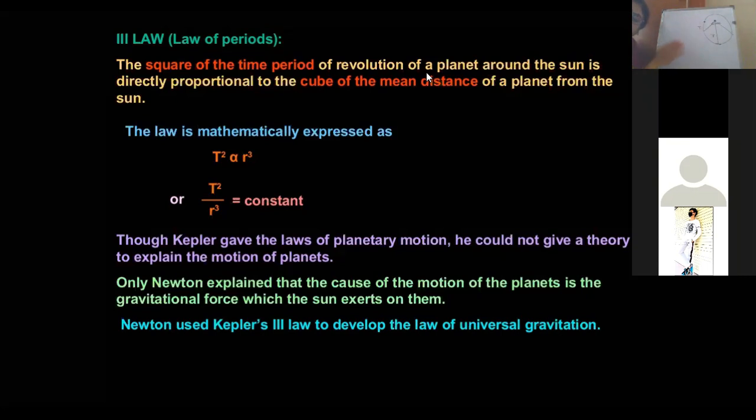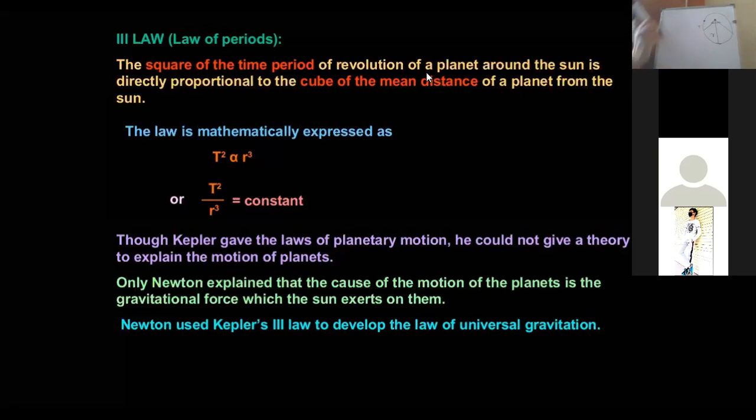And if we compare the Earth's orbit with Pluto's, the orbit of Pluto is very, very large. So this distance is also not the same. It is particular to a planet. So the constant which we are calculating will be different for different planets, but the observations will be the same.